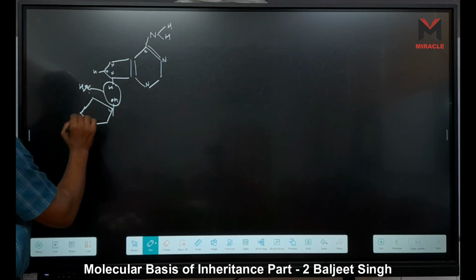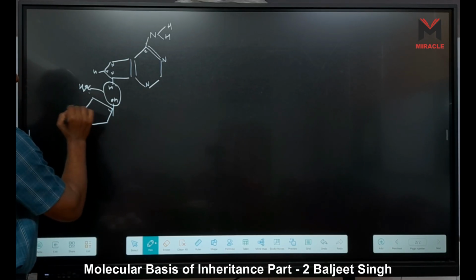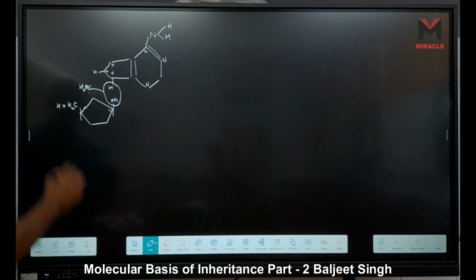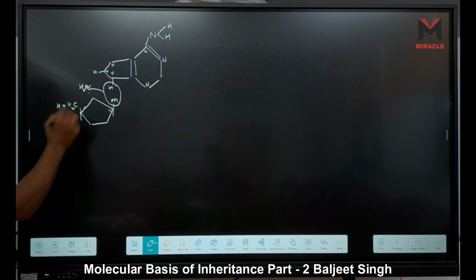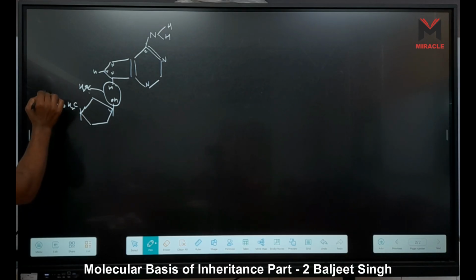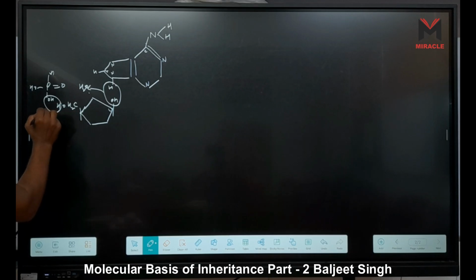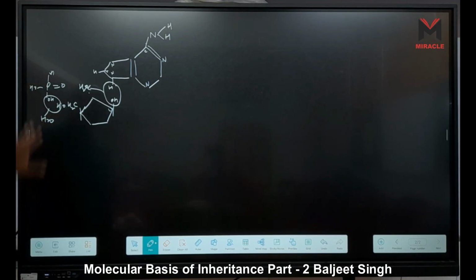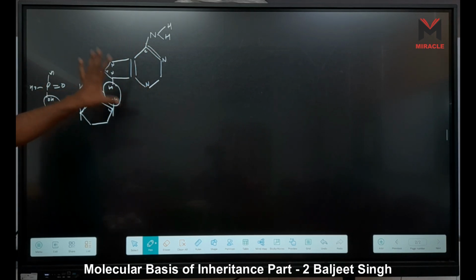This one is pentose sugar, and this is the fifth carbon, CH2OH, and I told you phosphoric acid is attached with the fifth carbon. So this is the phosphoric acid, P double bond O, OH, OH, and OH. You understand here? This H2O is released, and here a phosphoester bond is formed. So this is a nucleotide, a simple structure.